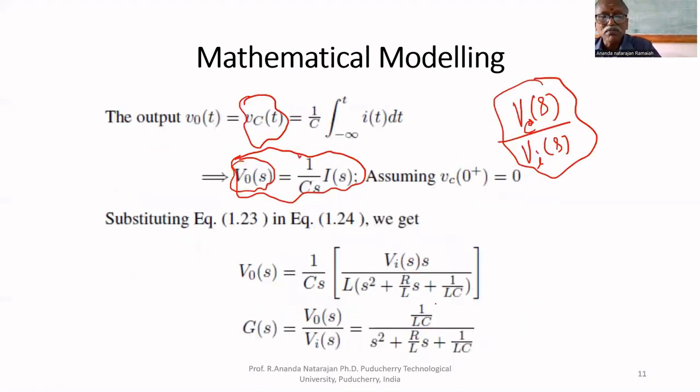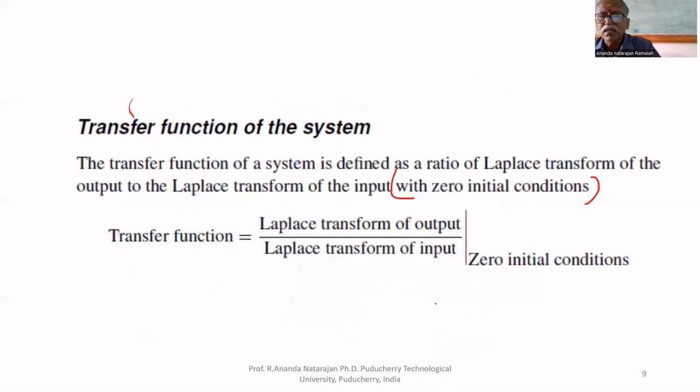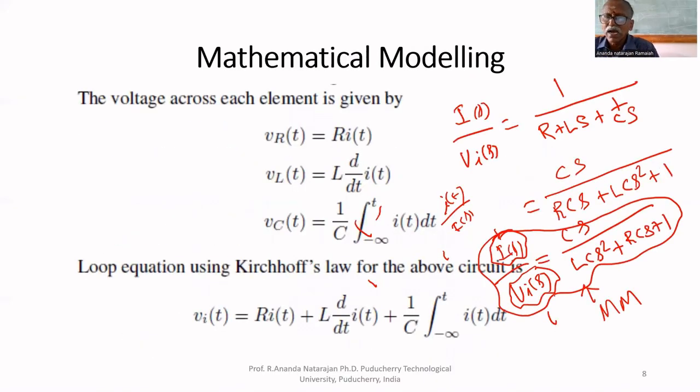Here, in another way, I wrote CS upon LCS square plus RCS plus 1. Here the constant is 1, and all the others have coefficients. That form is called time constant form.